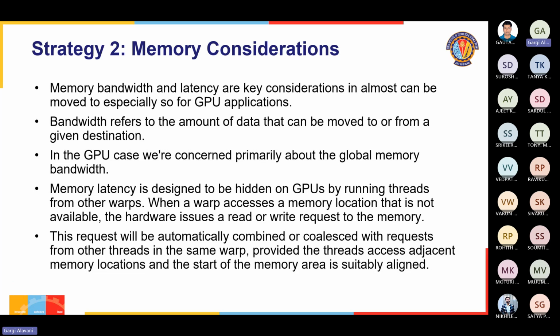And if you store your data in shared memory, the same thing can be done in 30 or 35 cycles. So this memory bandwidth and latency is very critical when it comes to how many memory operations are part of your CUDA code.